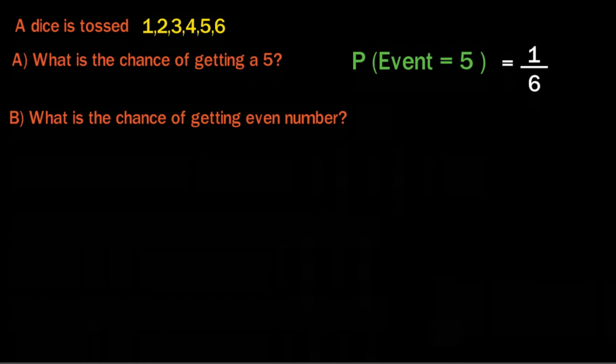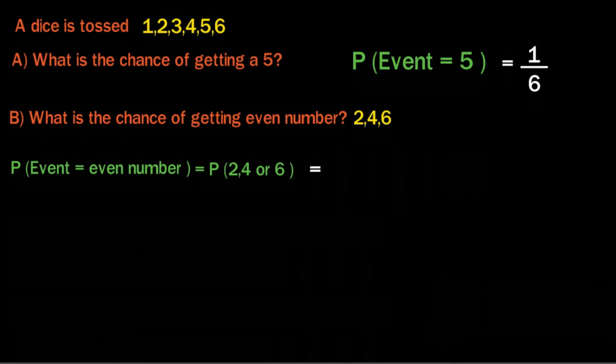What is the chance of getting an even number? What is an even number? 2, 4, 6 are even numbers. So for the event of an even number, 2, 4 or 6 appearing on the dice, there are 3 out of 6 chances that this will happen.